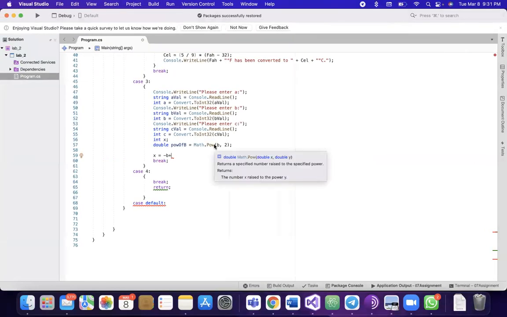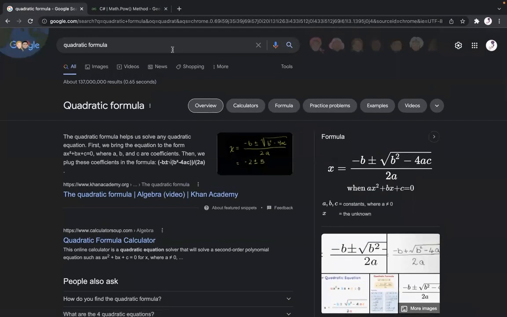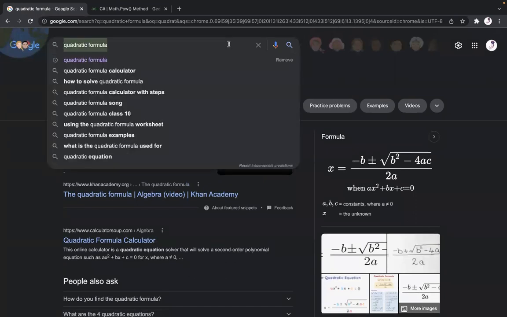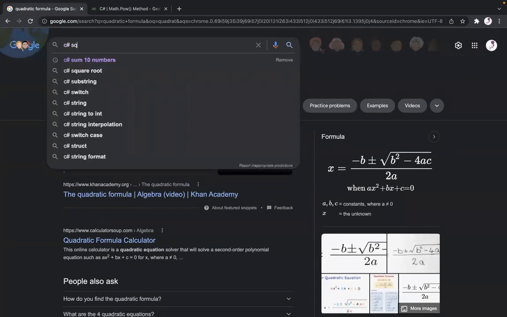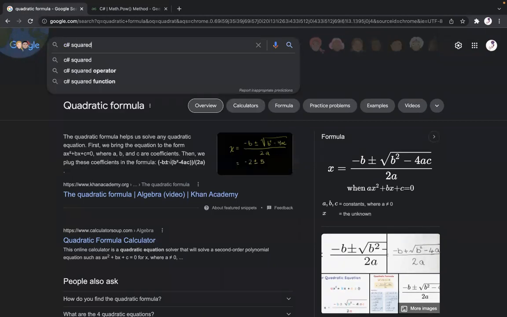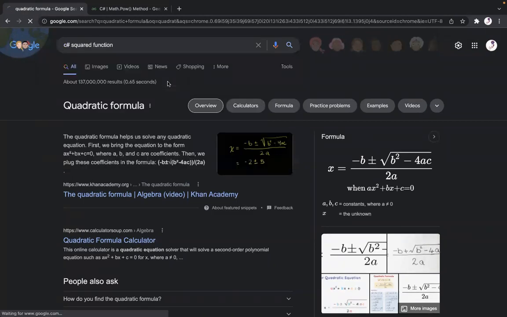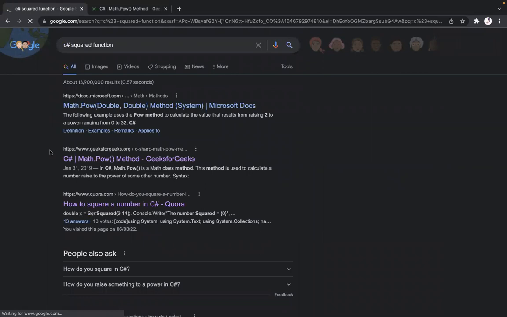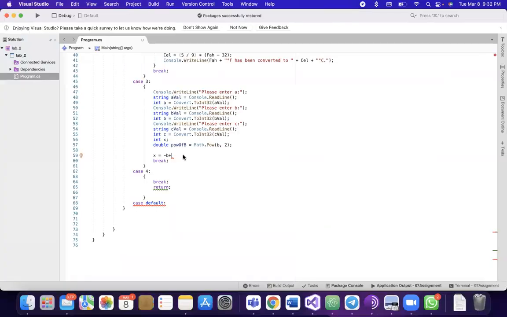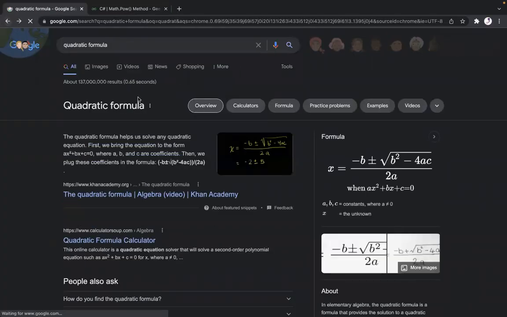Okay, so we have to find out how we put a square value. We can actually use the exponential form. Yeah, just put the power to 2.